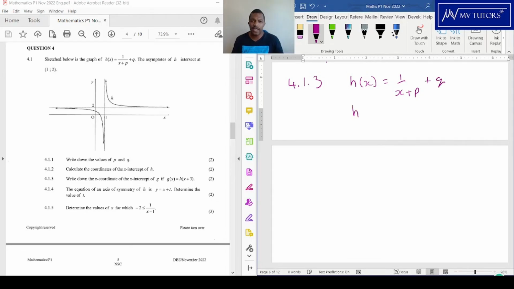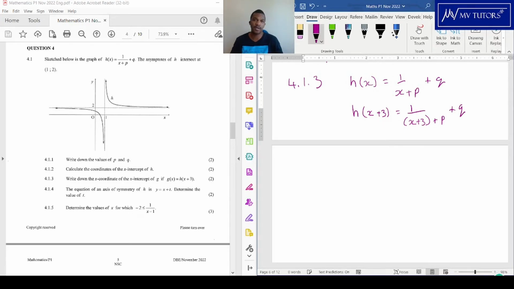So now h of x plus 3, which is what we're looking for, means that where we have an x, we replace it with x plus 3. Conceptually, whenever we put a number here, it's a shift on the horizontal axis, and if it's a plus, it's a shift to the left.